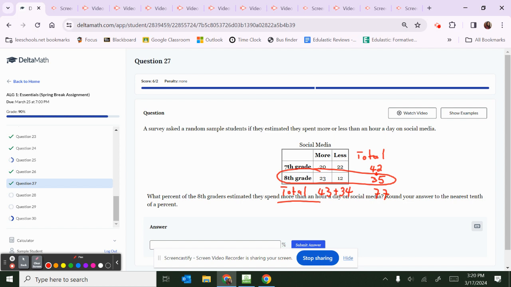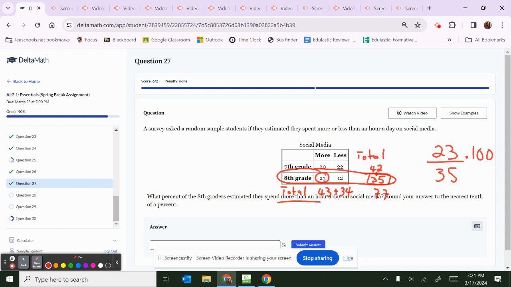The persons that did more than an hour was this 23. So of my entire amount of eighth graders, I need to look at that 23 and how many were in my entire eighth grade: 35. So I'm going to do 23 divided by 35, then multiply that by 100.